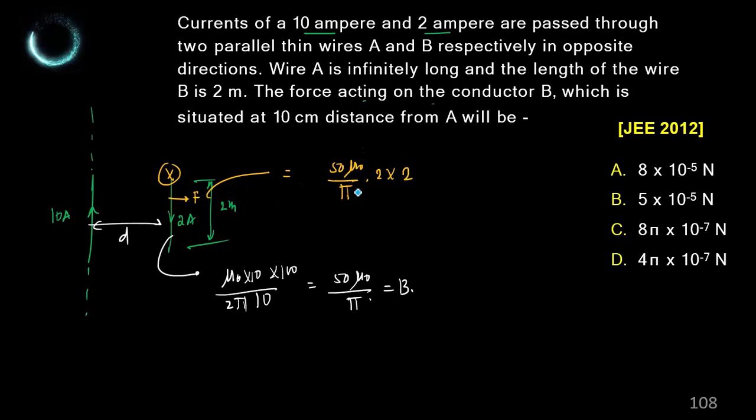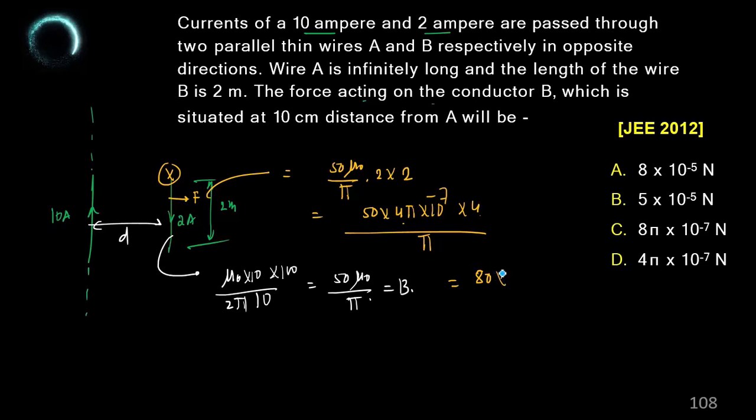Mu naught is 4 pi 10 to the minus 7. তাহলে 50 into 4 pi into 10 to the power minus 7 into 4 by pi. পাই পাই কাটলো, 16 into 50 into 10 to the minus 7, দুটো জিরো কাটলো, 8 into 10 to the minus 5। বোঝা গেছে?